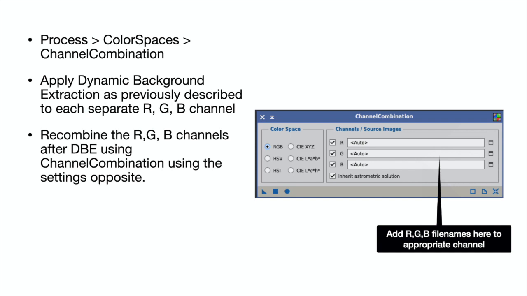It's fairly simple to do. Once you've recombined them, you're back to a single RGB color image, but you've managed to extract the gradients from each of them separately, and it should be a great improvement.